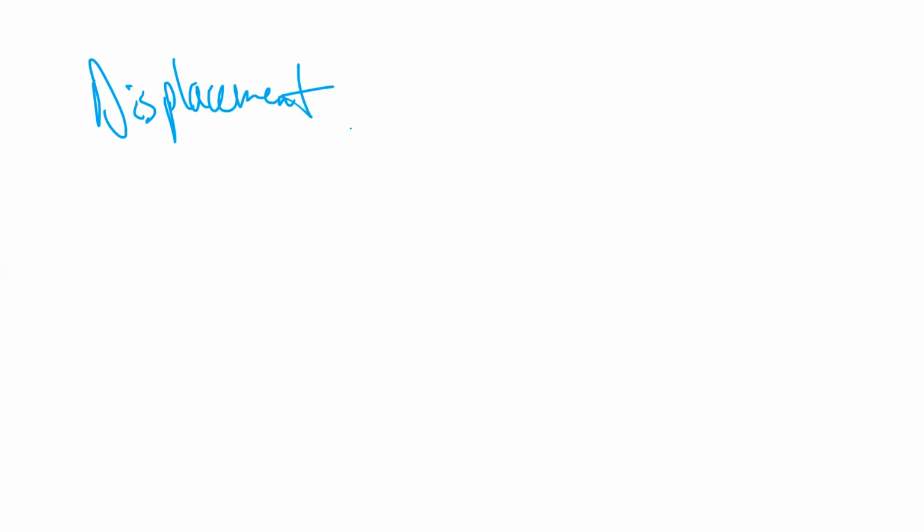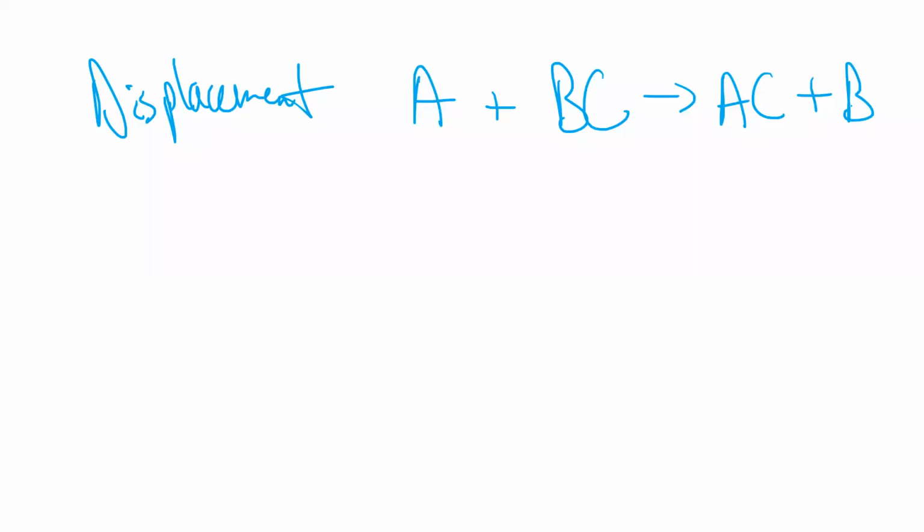Okay. That's decomposition. Next, we've got displacement. Displacement is exactly what it sounds like. It is displacing something. It is something like A plus BC. So this is A by itself plus BC, giving you AC plus B. Another name for this reaction is a single displacement. Really, we should call it a single displacement or single replacement.